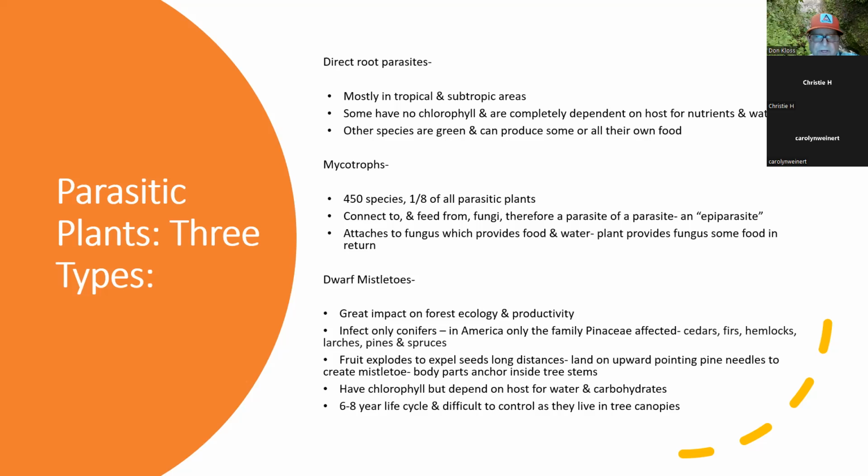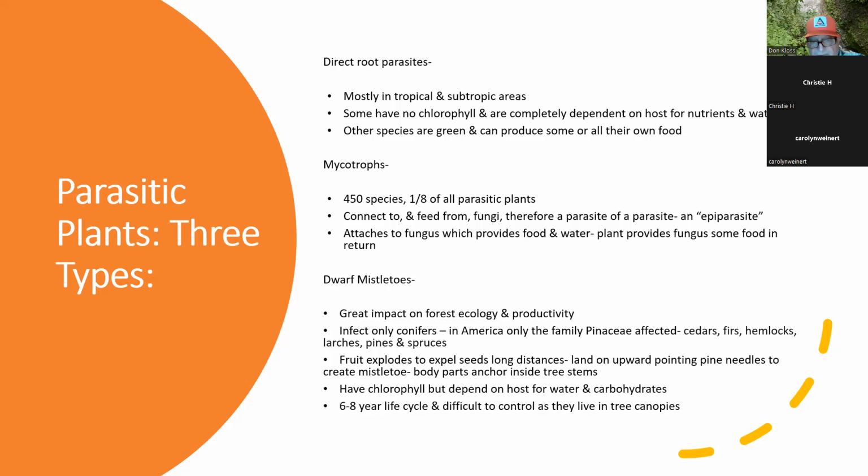And then a very interesting one, dwarf mistletoes. And this is not what you get at Christmas time. Dwarf mistletoes have a great impact on forest ecology and productivity. They affect only conifers, and in America, they only affect the family Pinaceae, which is cedars, firs, hemlocks, larches, pines, and spruces.